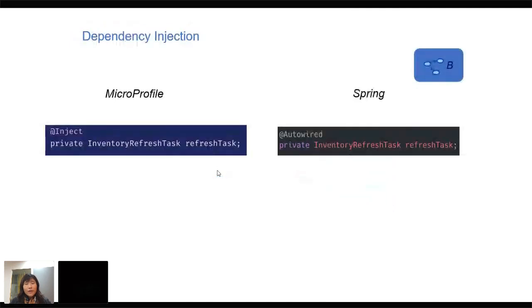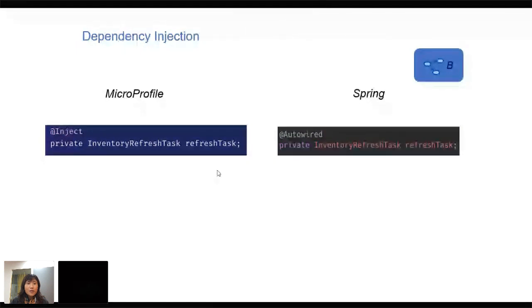In MicroProfile, we use CDI. In CDI, the major thing is @Inject. Basically, once you use CDI, you will not directly call the constructor anymore. You will use the CDI container to manage all the instances for you. You say, hey, I need an instance for the inventory refresh task, and the CDI container can directly create an instance and hand it over to you.